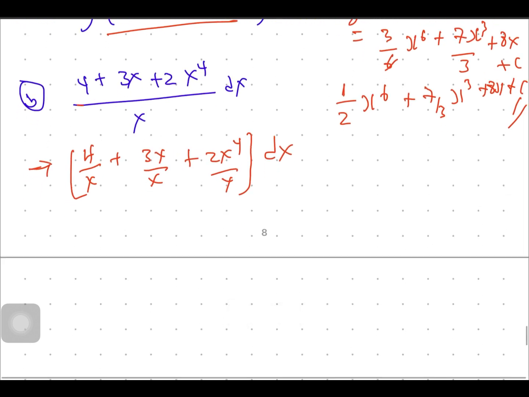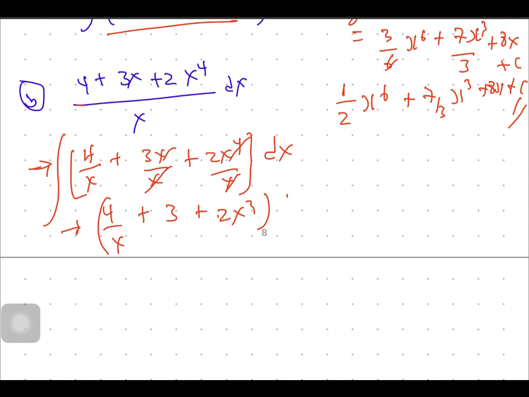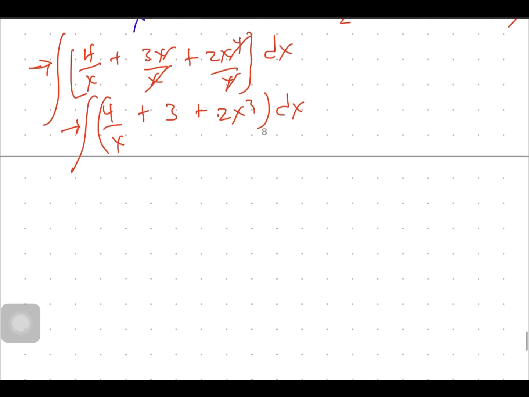So this is how you can do it. We have 4 over x plus 3, because this x cancels the 3x's x, plus, and then this x will cancel one of the x's, so we get 2x power 3. Now this is the result that we have, and then you find the integration.